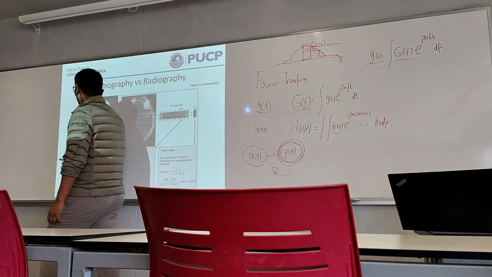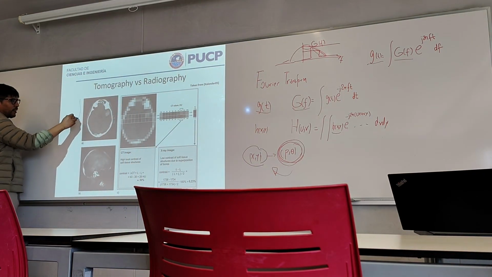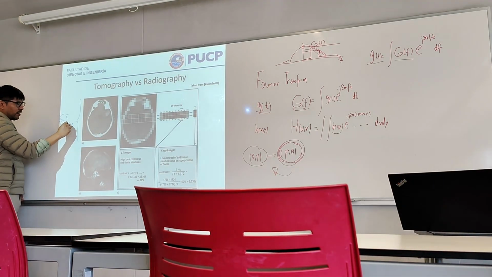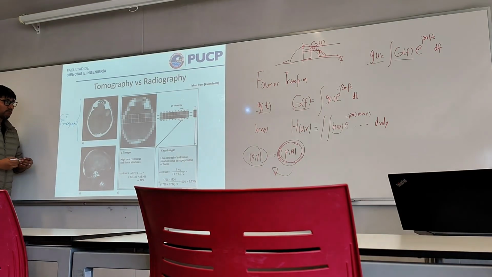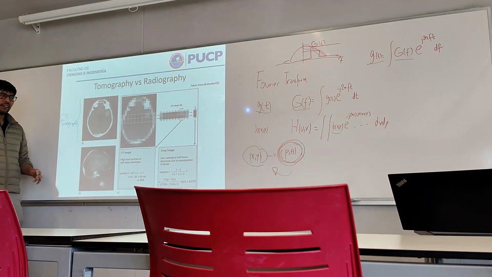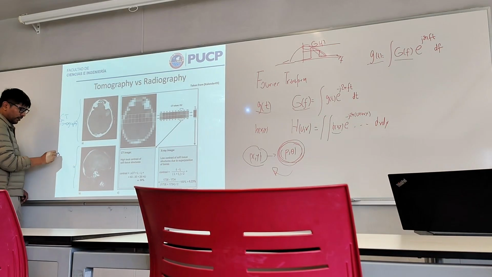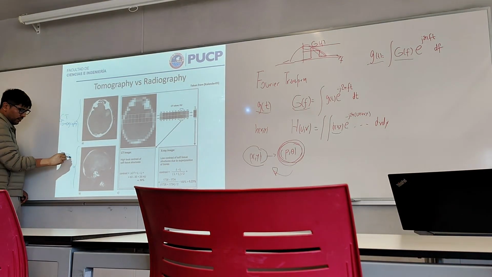For example, this tries to express that this image is a CT, computed tomography, of one section of the brain inside the skull, and this also corresponds to that, but with X-ray imaging.